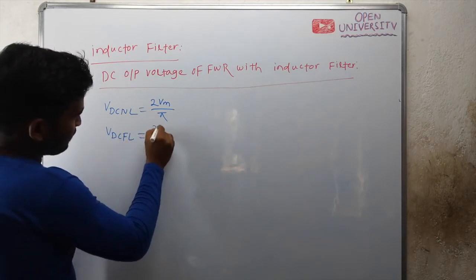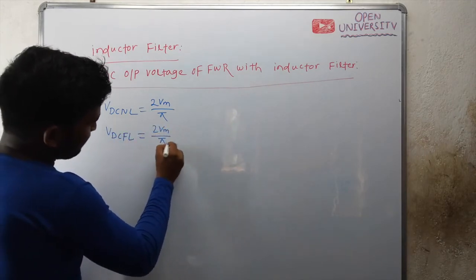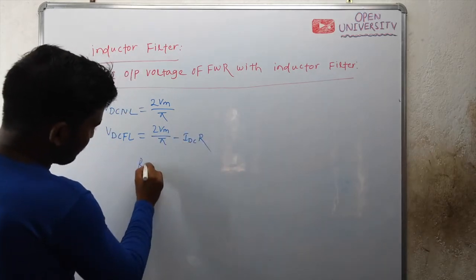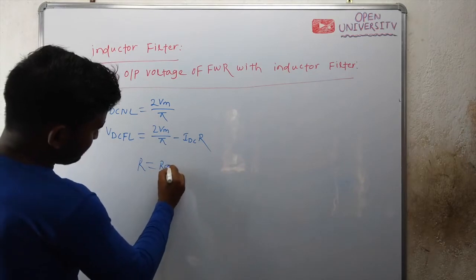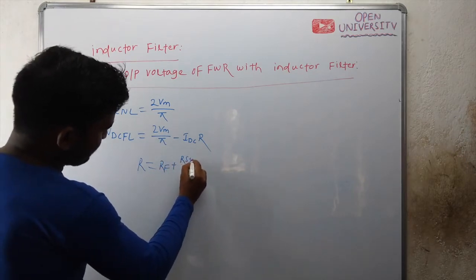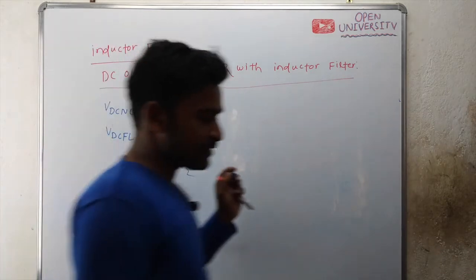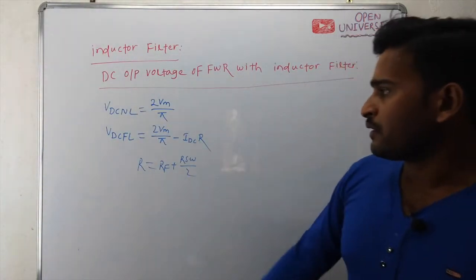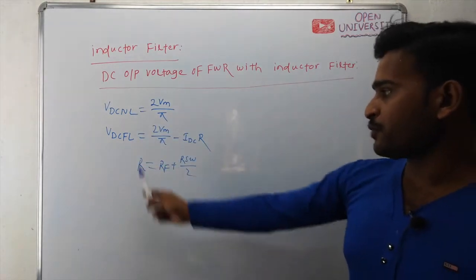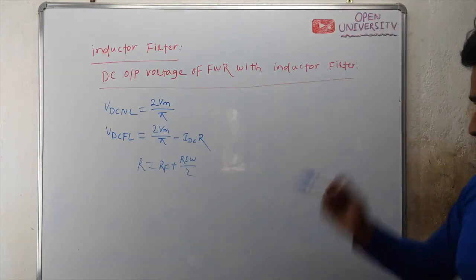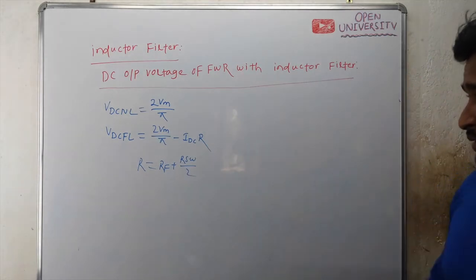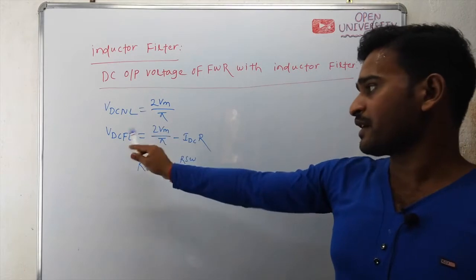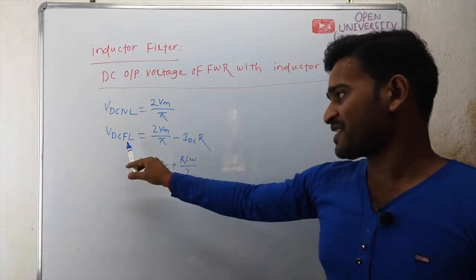VDCFL was 2 Vm by pi minus IDC into R, where this R will be RF plus RSW by 2. These are the no load DC output voltage and the full load DC output voltage. This is when load resistance is not present, and this is when load resistance is present.